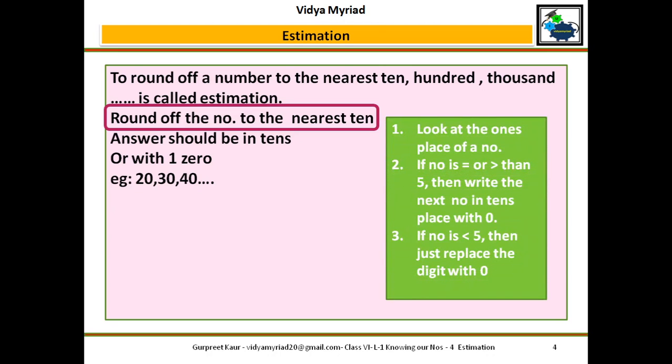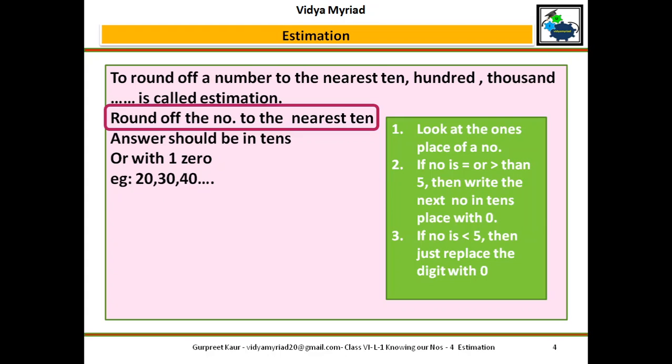Now see, first of all, whatever number is provided to you, just look at its ones place. If that ones digit is greater than or equal to 5, then you will move to the next tens place, and if your digit is less than 5, then your digit will remain the same and you will just add 0.